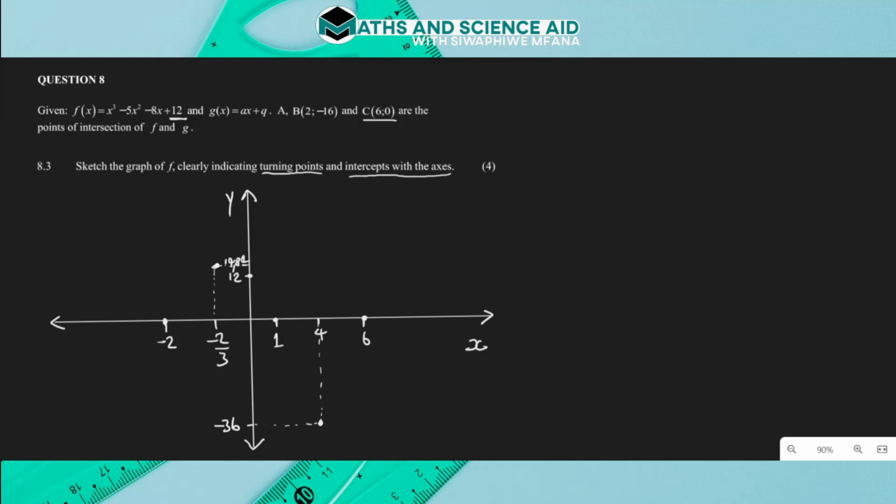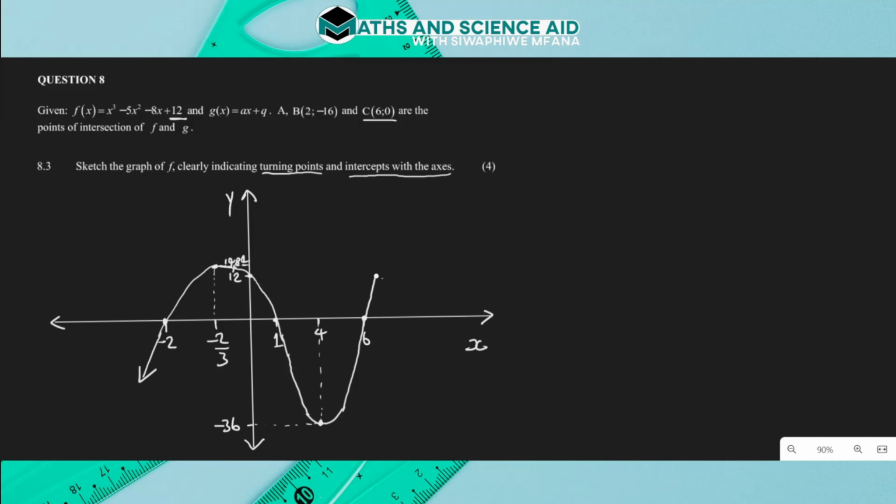So it will look like this. This is a turning point. So if we can start from here, our curve must pass through this point, and then it is going to have a turning point here, and it has a y-intercept at y is equal to 12, and then it has an x-intercept at x is equal to 1, and then it has another turning point here at x is equal to 4, and then let's just join there, and then it has another x-intercept at x is equal to 6.